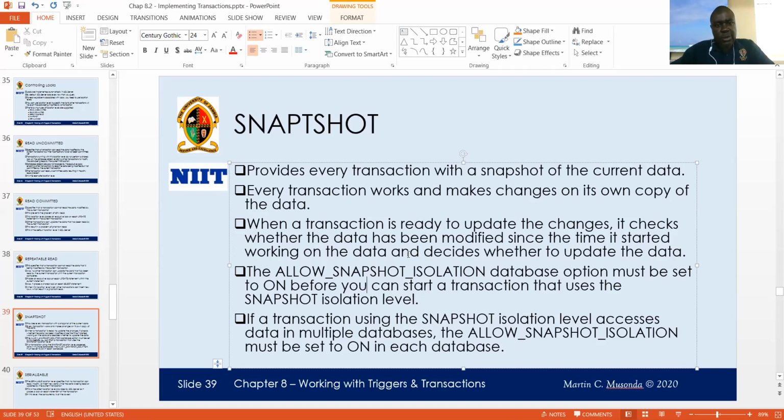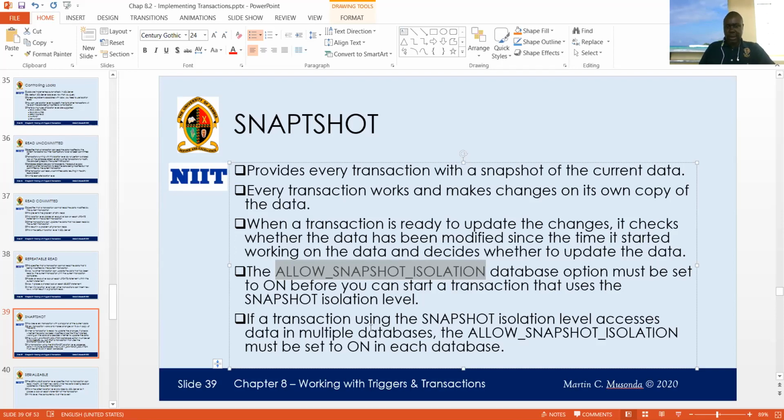To be able to use snapshot isolation, you need to use this statement: allow snapshot isolation, you set it on. Okay. The allow snapshot isolation data option must be set to on before you can start a transaction that uses the snapshot isolation level.